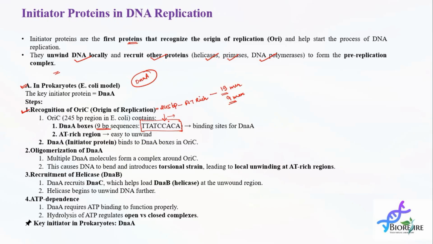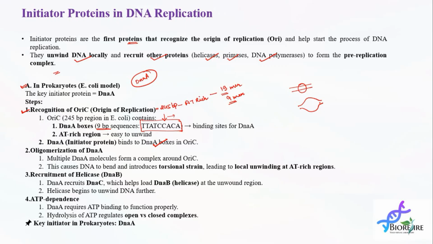Now the initiator protein DNA A binds with the ORI region. Let's suppose this is the region. At this position, DNA A protein will bind and unwind this region like this.